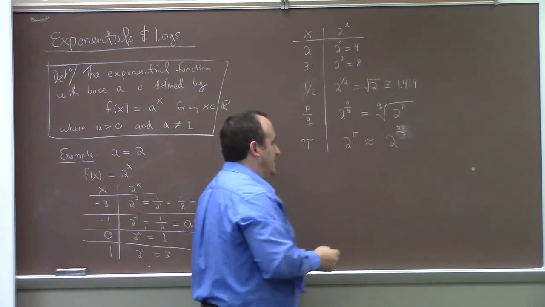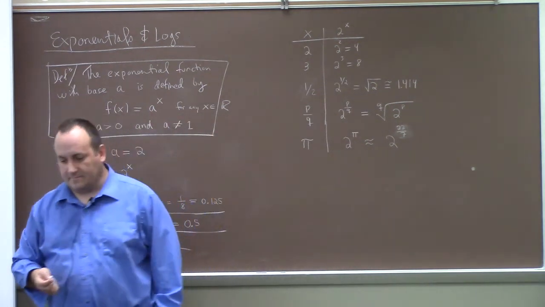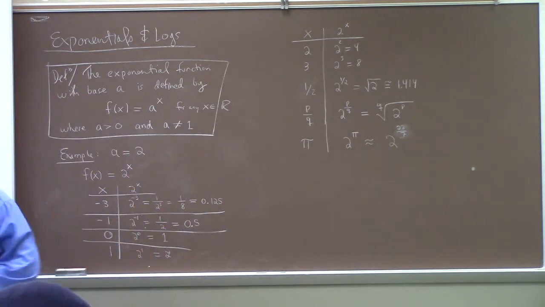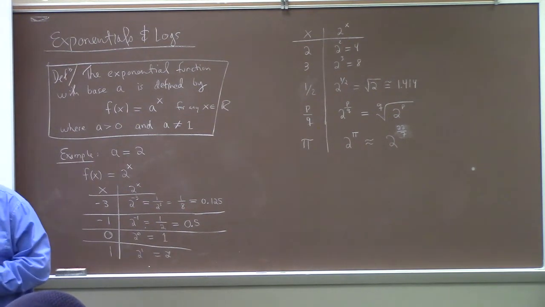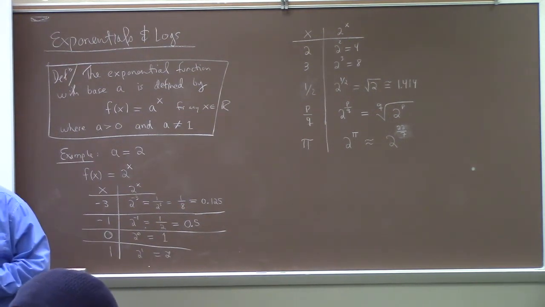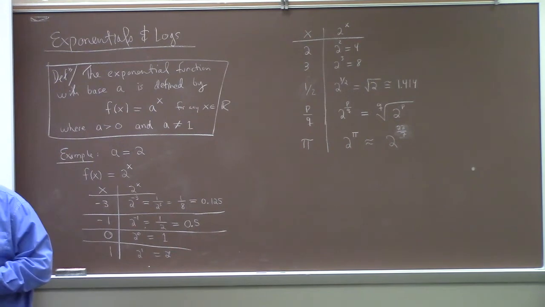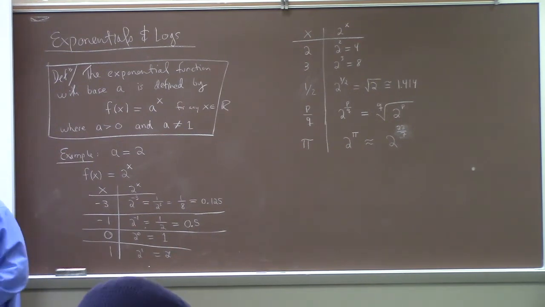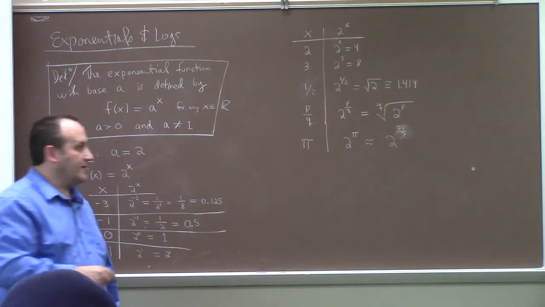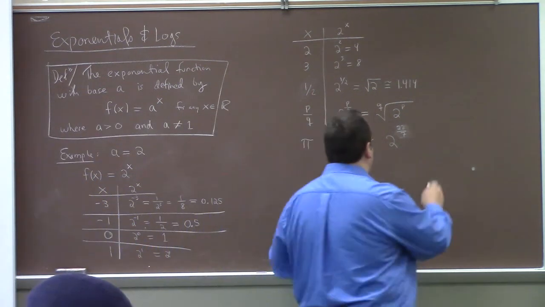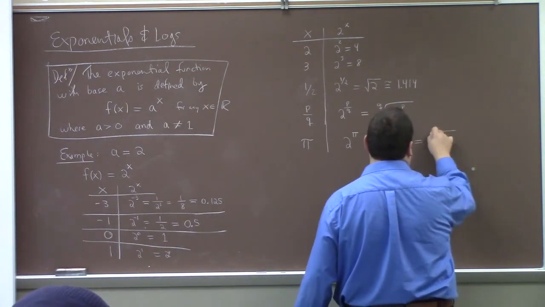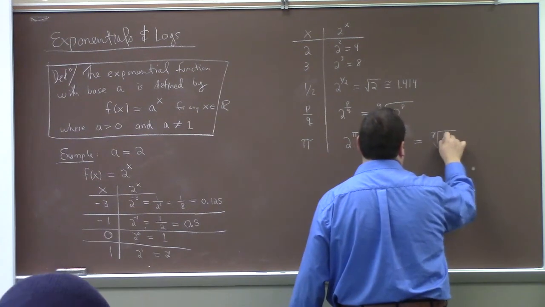That's a pretty decent approximation for pi. Try it out: 22 divided by 7 is 3.1428, blah, blah, blah. So it's got the 3.14. And 22/7, I could calculate that. That's the 7th root of 2 to the 22 power.